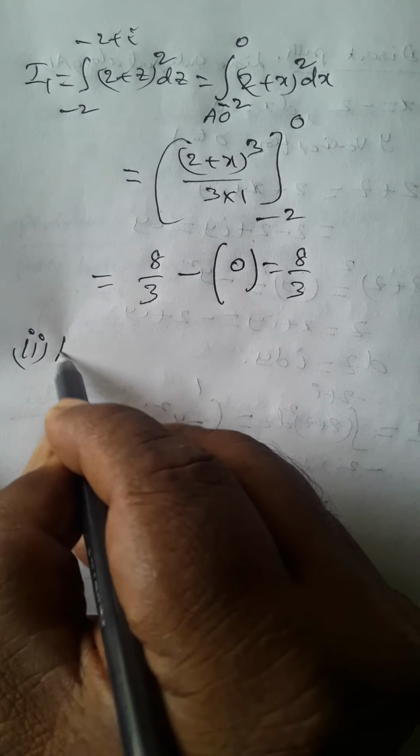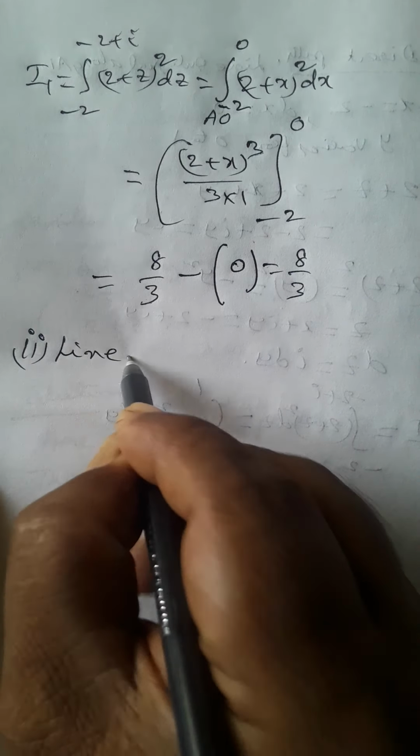Number 2, line integral along OC. Along OC, x is equal to 0, dx is equal to 0, and y varies from 0 to 1. 2 plus z is equal to 2 plus x plus iy, x is 0, so 2 plus iy. 2 plus z whole square is equal to 2 plus iy whole square.